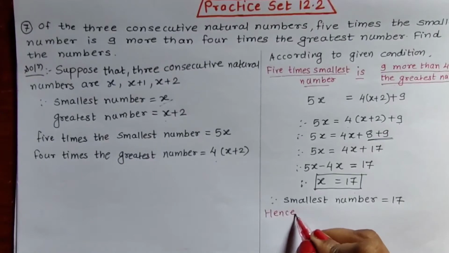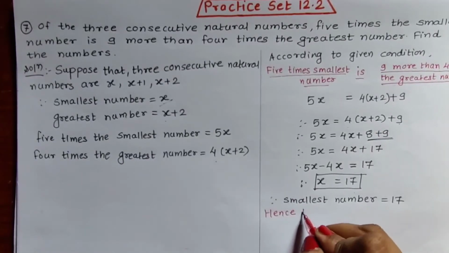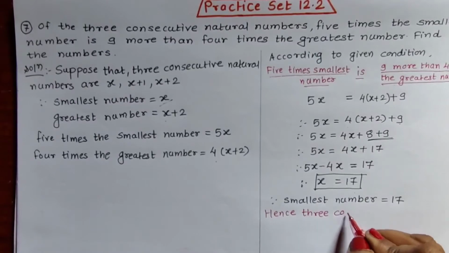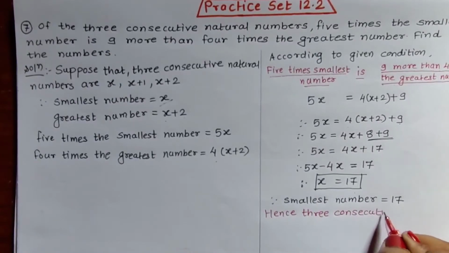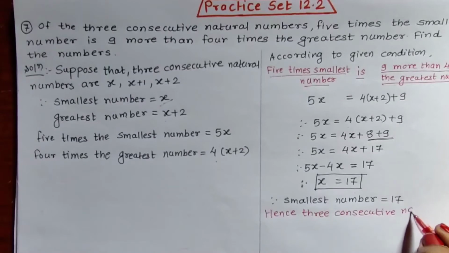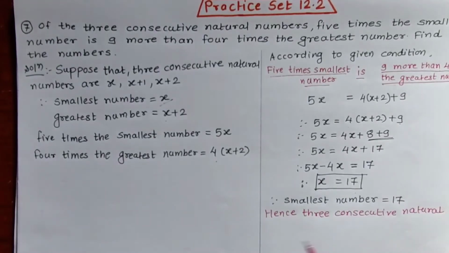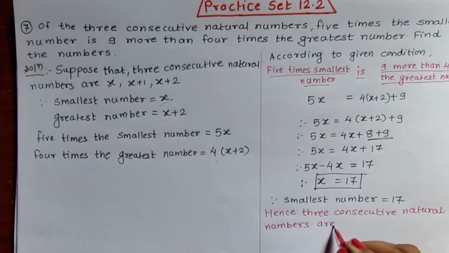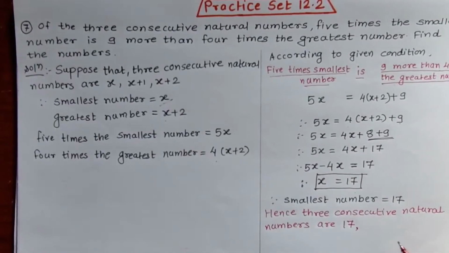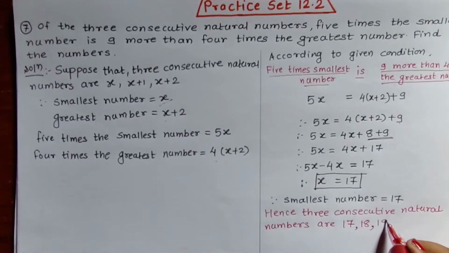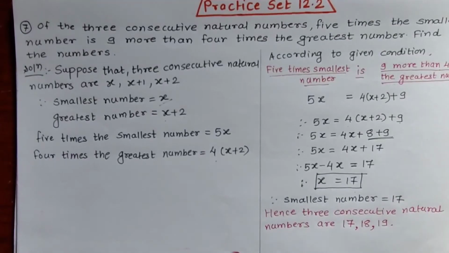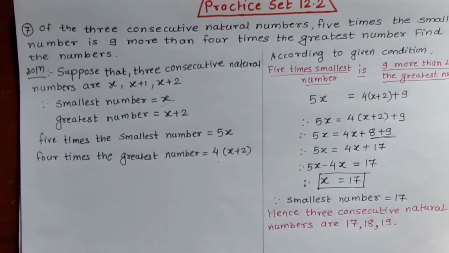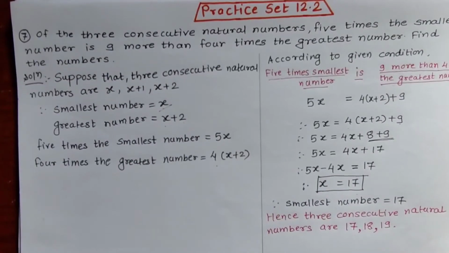Hence, 3 consecutive natural numbers are, smallest is 17, then the middle one will be 18, 17 plus 1 is 18, and the last one will be 19. The greatest one will be 19, which is x plus 2. So in this way, by observing the question carefully, by writing all the sentences carefully, we can solve the sum.